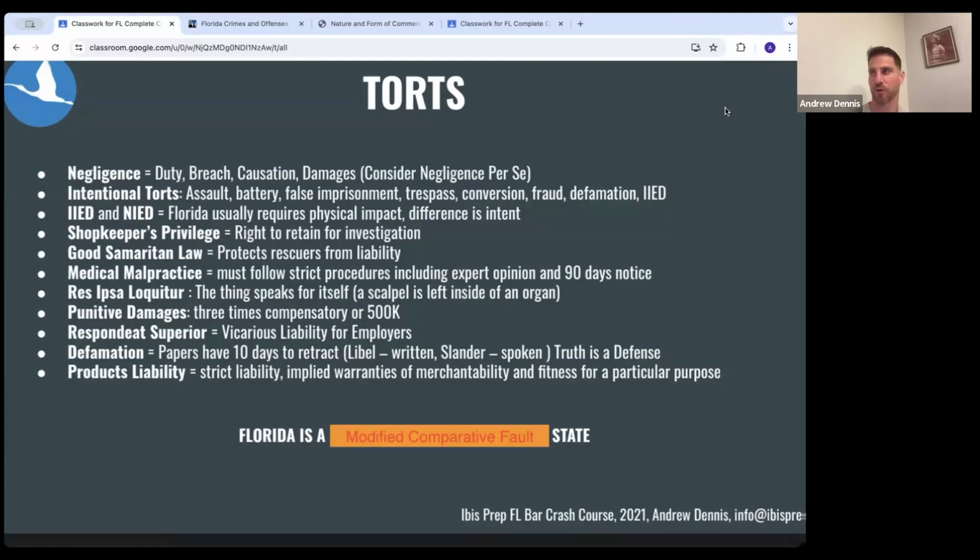But the impact rule means that they had to have some physical impact, but they really have curtailed that. And the Florida Bar has released some articles that I've read that make it pretty complicated, and I just gave you the best 20-second synopsis: they've curtailed the impact rule.